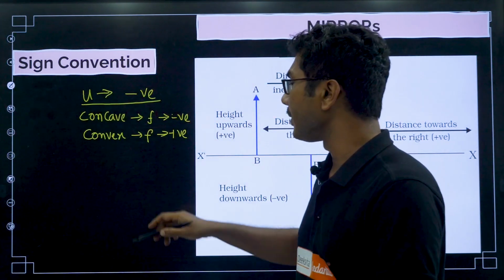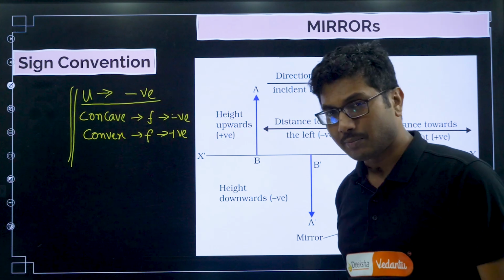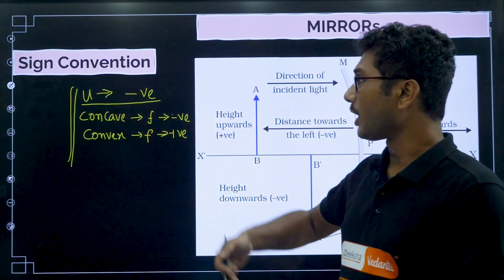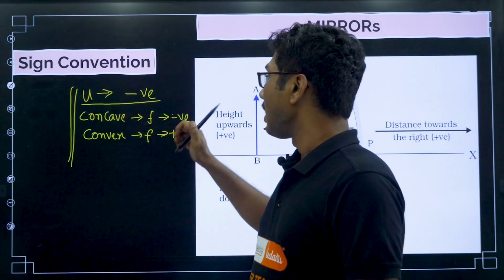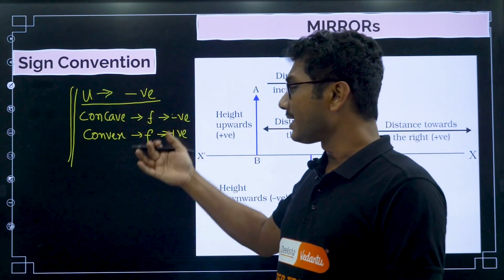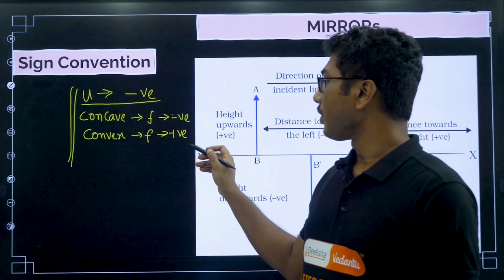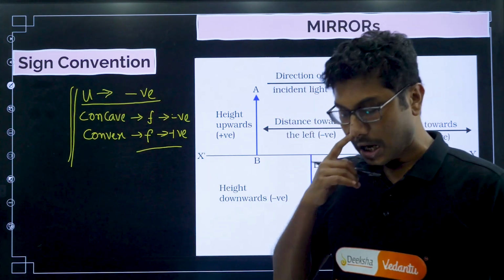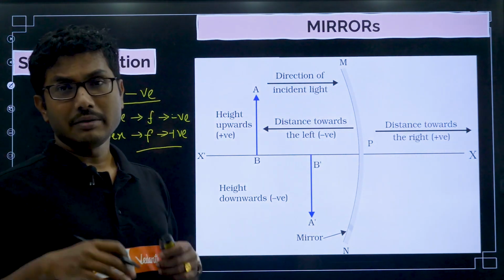These are the common things that you have to remember before solving any numerical problems based on this chapter. For concave, maybe it's a concave mirror, maybe it's a concave lens, it does not matter, focal length is always negative. Similarly, if you are using convex surfaces, no matter if it is a convex mirror or a convex lens, focal length will be positive. Okay. So these things you have to remember before solving any problems.